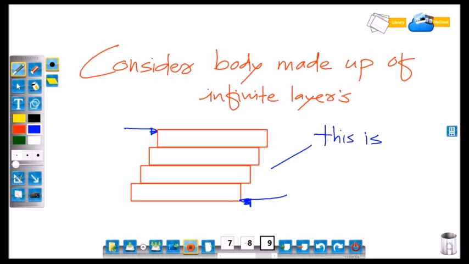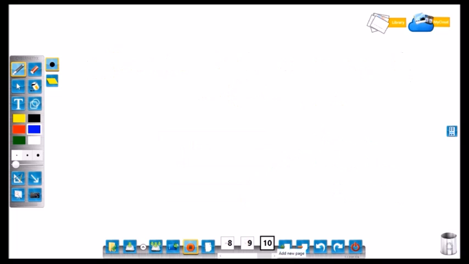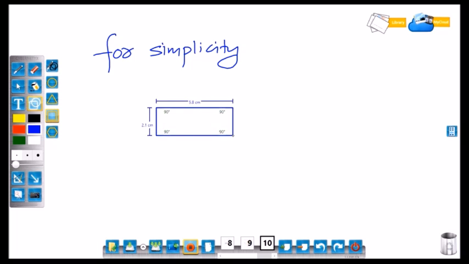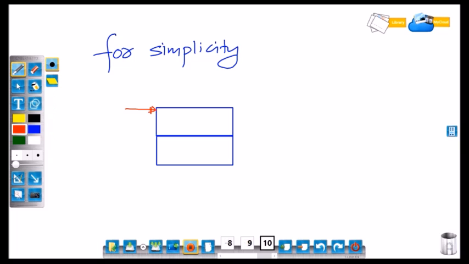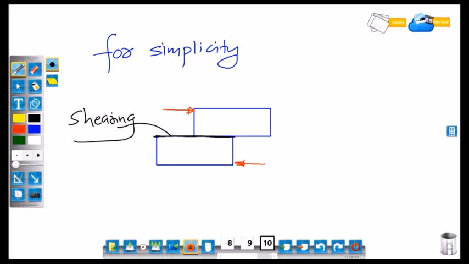This is called shearing. For simplicity, take only two layers. These are the forces. What will happen? The upper layer will move forward. So this is the shearing plane, the plane along which the body shears.